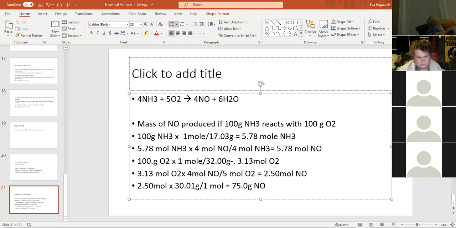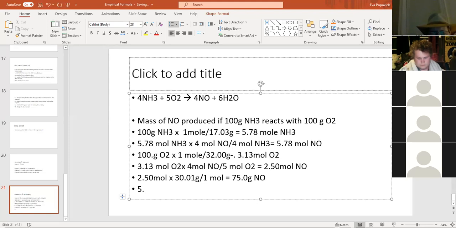Now, you may ask me, why didn't I bother determining the grams of the NO made from NH3? The reason I didn't is I'm simply multiplying by the same number.